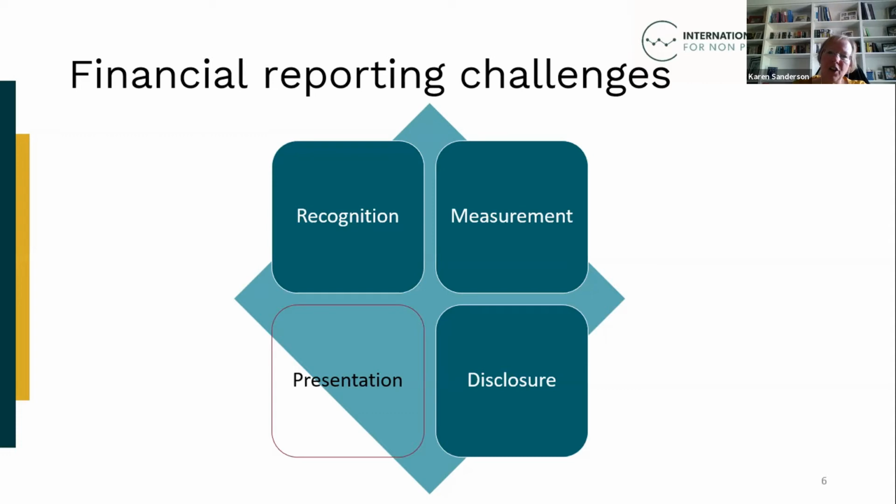And in terms of disclosure, we're interested in whether there's any information that should be disclosed in the financial statements that will make it easier for readers to understand them. So recognition, measurement, and disclosure lie at the heart of the challenges that we're setting out in the consultation paper. And we'll now look at each of those in turn.